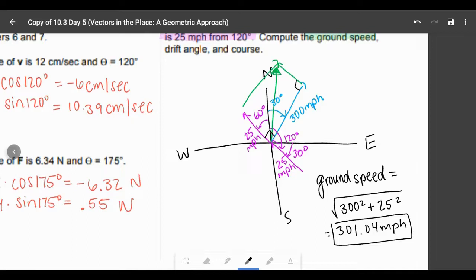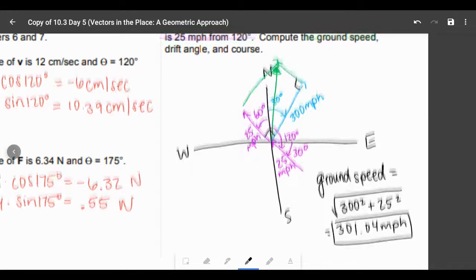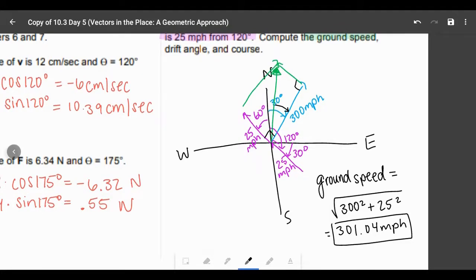Okay, now for our drift angle. Our drift angle is going to end up being the angle from which I was originally traveling, so that blue vector, the angle between that and the green vector where I'm actually traveling. So this angle here is going to be my drift angle, and let's call that theta. Okay, well, how do I find theta?